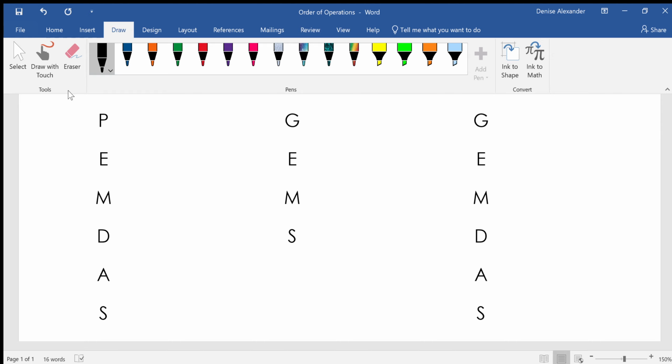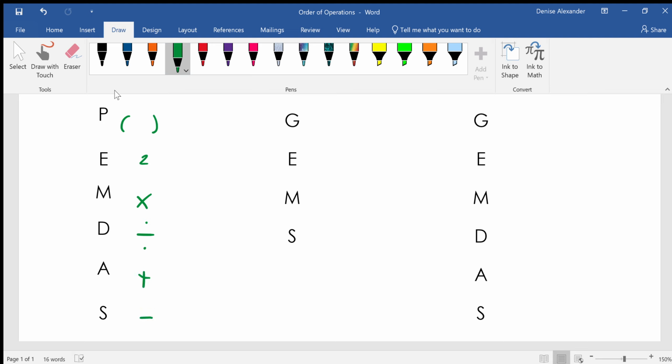And PEMDAS is the one I actually learned when I was in elementary school. So we're going to use green. When I learned it, P means parentheses. Okay, E means exponents. So this is something to a power. And then we have multiplication, division, addition, and then subtraction.